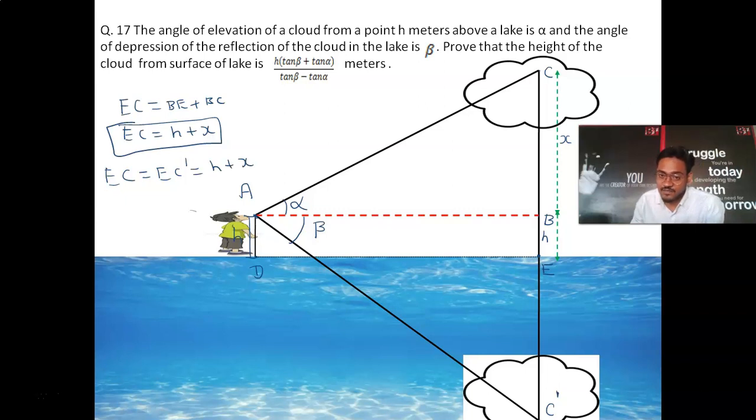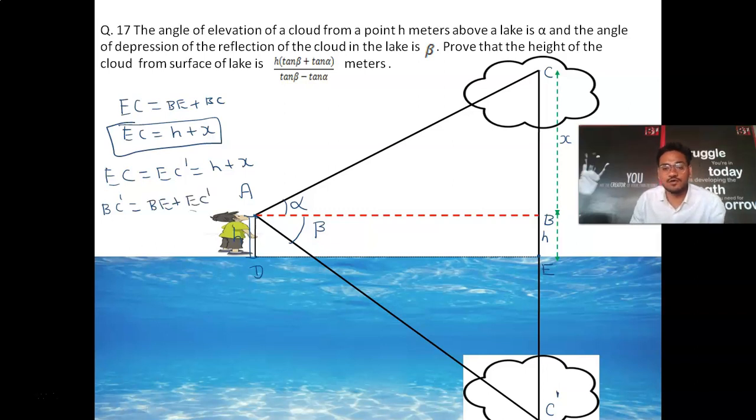Now students, sorry, if I ask you BC dash, just let me know what is the total height BC dash. See, BC dash is nothing but BE plus EC dash. Just check here, BC dash is nothing but BE plus EC dash. No confusion in saying this.